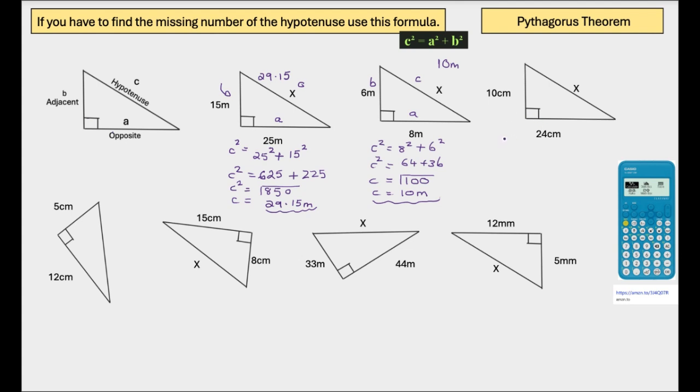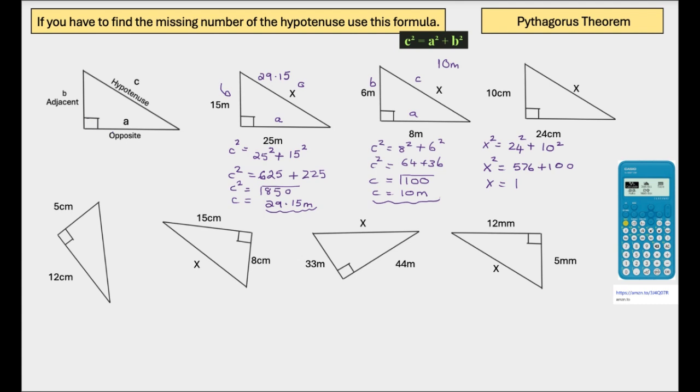To the next one, but this time we're going to use our x. So we're going to put x squared equals, because that's what we're trying to find, our missing side, and that'll be 24 squared plus 10 squared, which comes to 576 plus 100, so that's what 10 squared is.